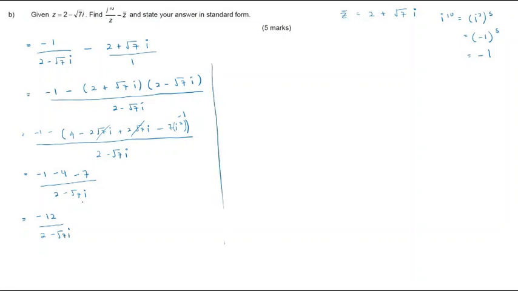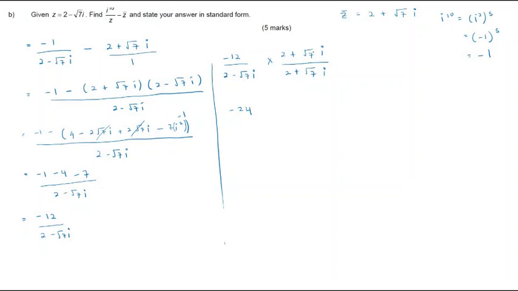Okay. To solve division of complex numbers, multiply by the conjugate of the denominator. Negative 12 over the denominator: the conjugate is the same with the sign changed, over the conjugate. Negative 12 multiplied by 2 is negative 24.